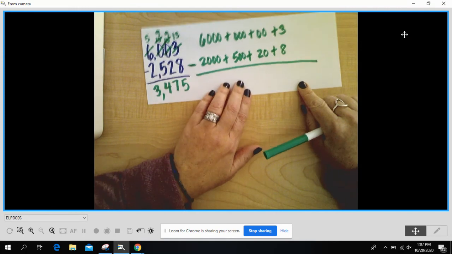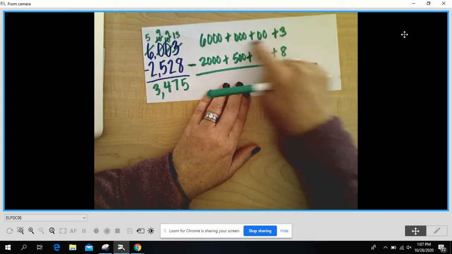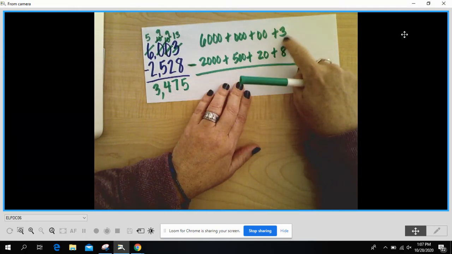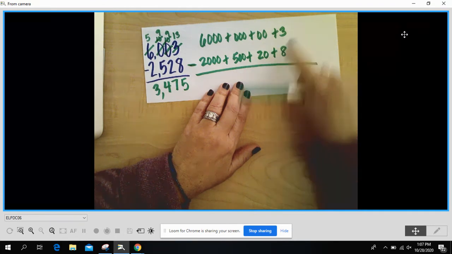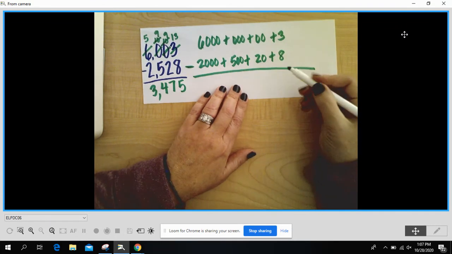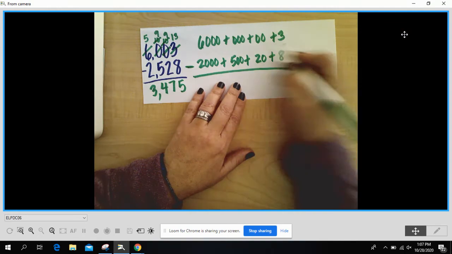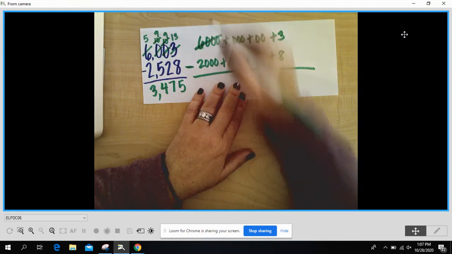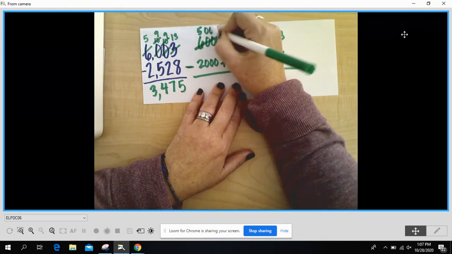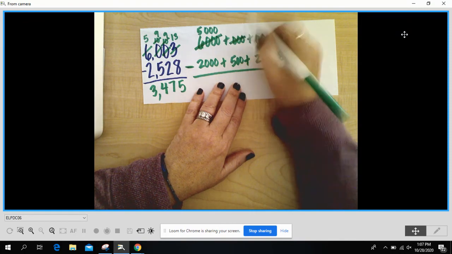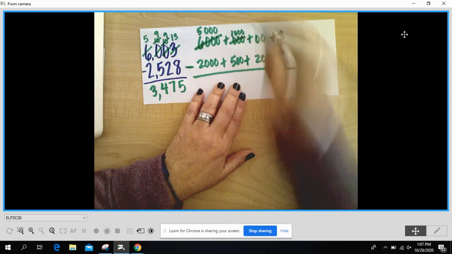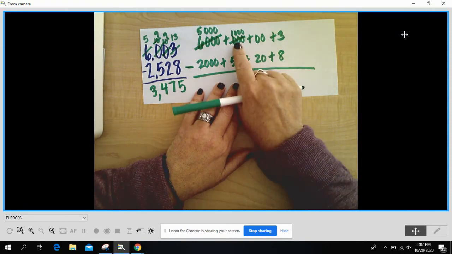Again, just like we decided before, I have to go all the way over to the thousands place to get a 10, so I can make that 13, so I can do my subtraction. So let's do that. When I borrow from the thousands, I borrow a whole 1,000. So the 1,000, I'm gonna put it right here. It's not gonna stay that way.